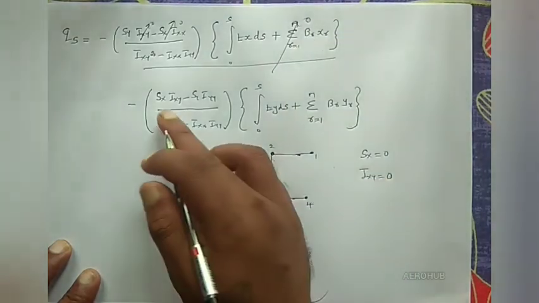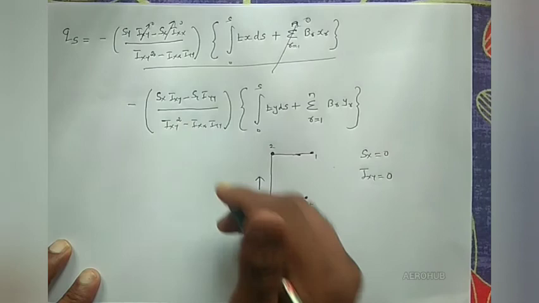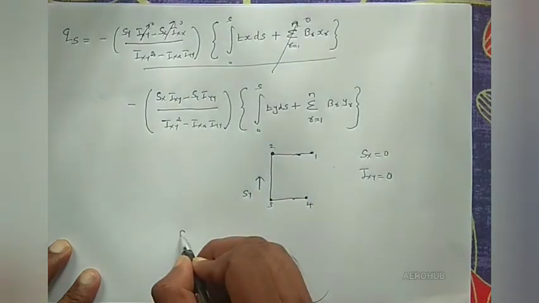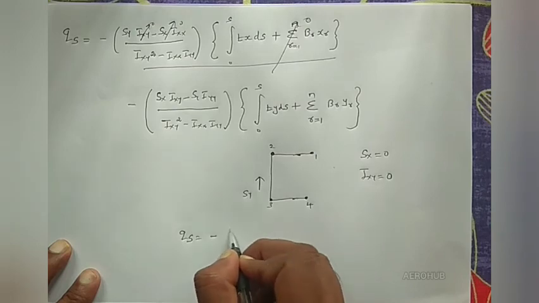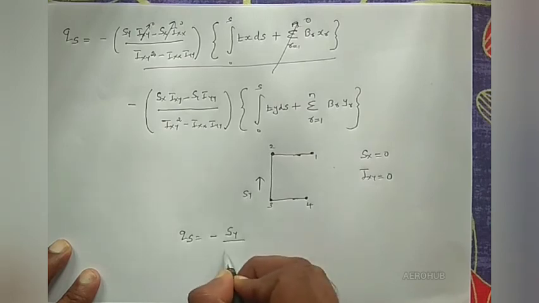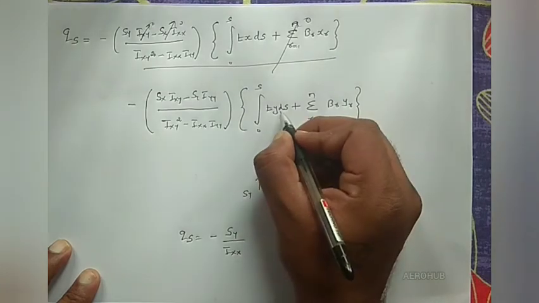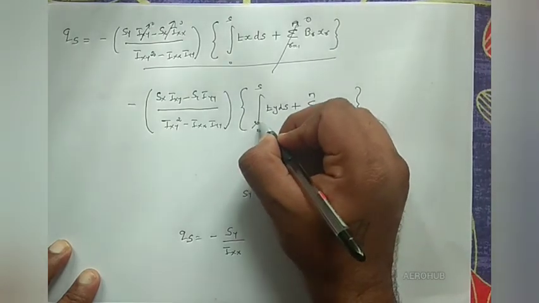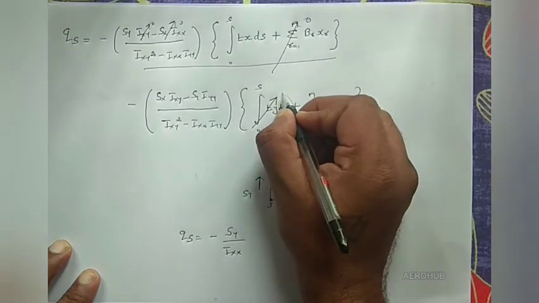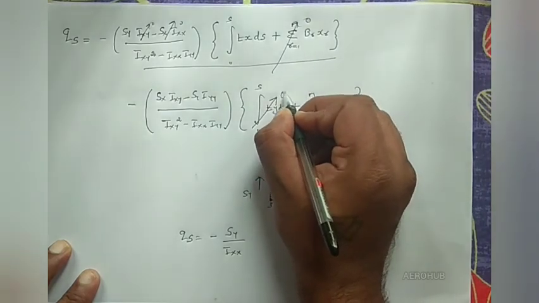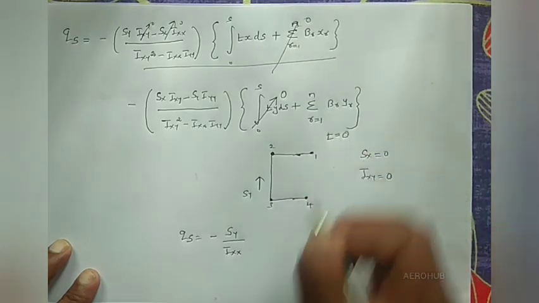Now here Sx is 0, so Sy is there, the negatives cancel, and I get Qs equal to minus Sy divided by Ixx into the integral, which becomes 0 because the skin is not carrying any bending stress, that is, the thickness is 0.